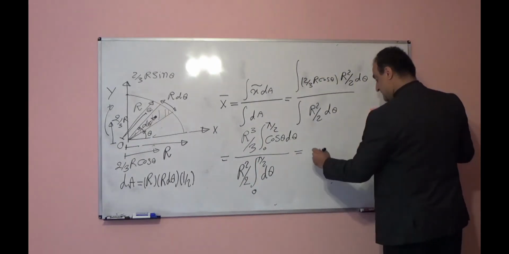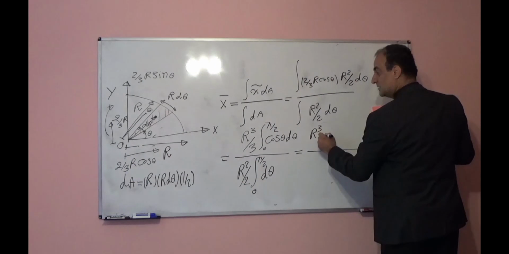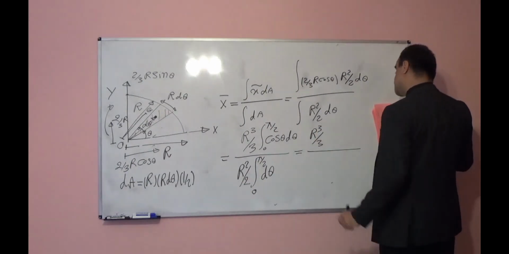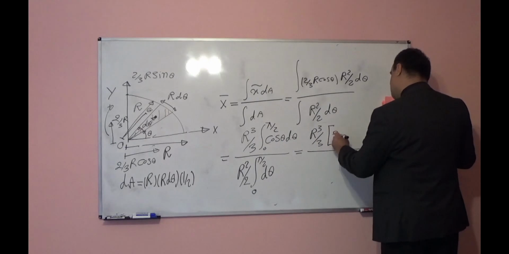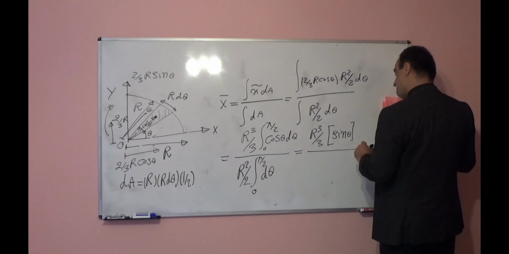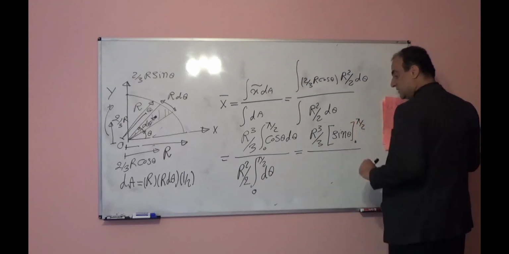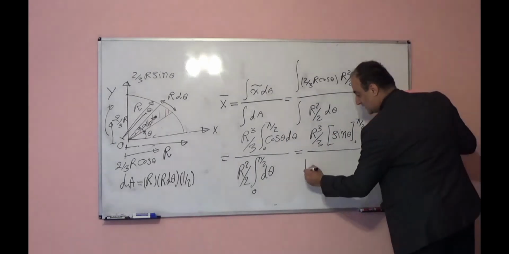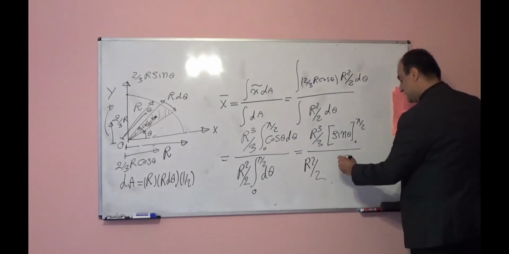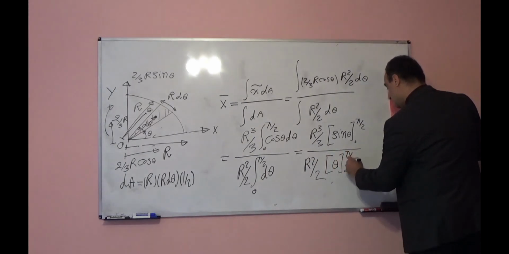From here, I can write this is equal to r cubed over 3 times the integration of cosine theta, which will be sine theta from 0 to pi over 2, divided by r squared over 2 times the integration of d theta, which will be theta from 0 to pi over 2.